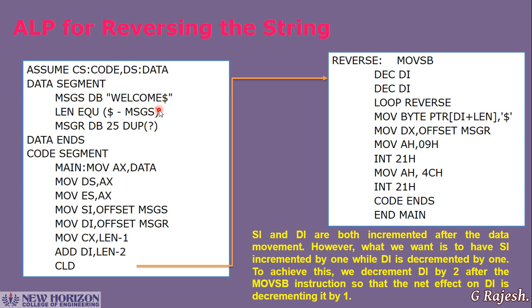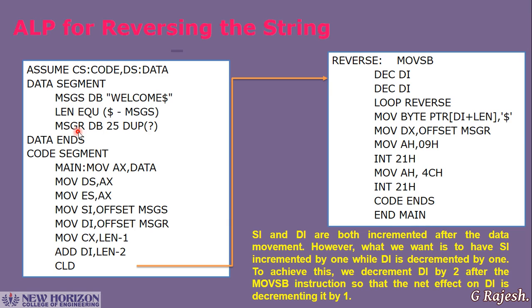How many memory locations? 1, 2, 3, 4, 5, 6, 7, 8. So this is the actual length of our string, including the termination. It is 8, and it is stored in a variable called len.